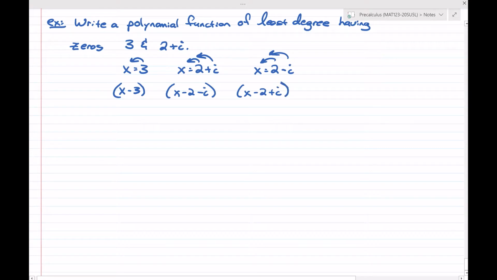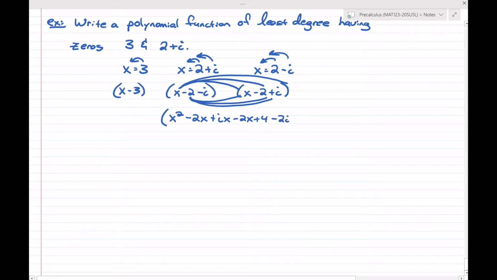And I'm going to go ahead and distribute out the complex numbers first. So I'll do x times x, x times negative 2, x times i, negative 2 times x, negative 2 times 2, negative 2 times i, negative i times x, negative i times negative 2, and then negative i times i is negative i squared.